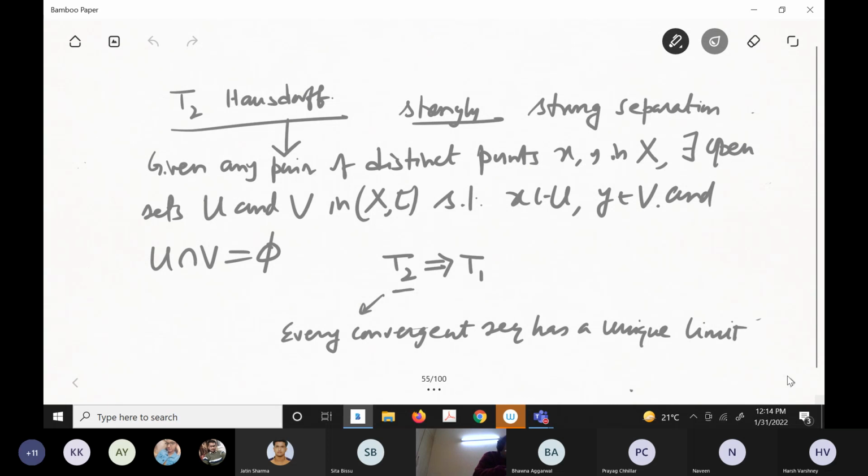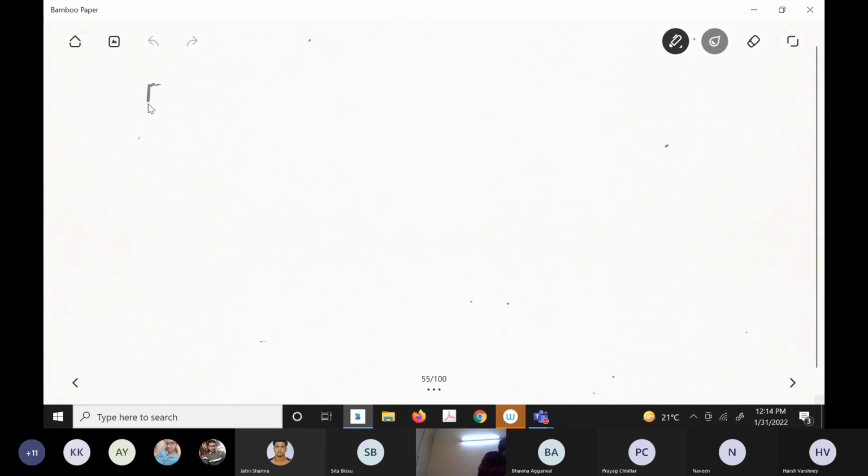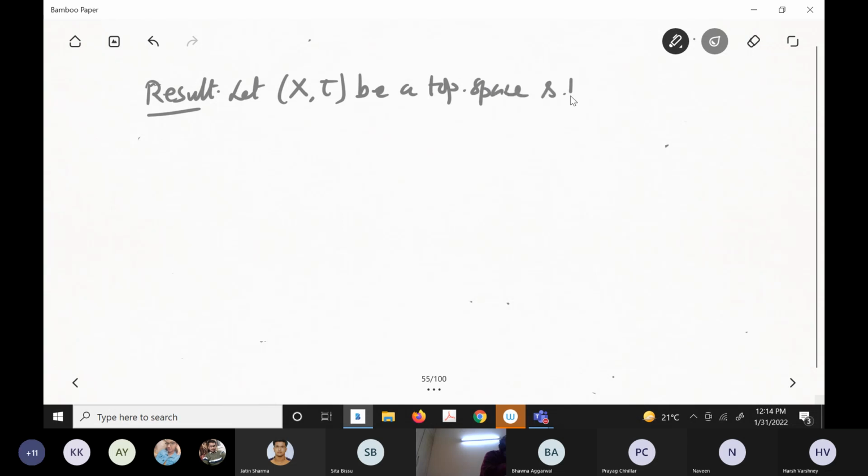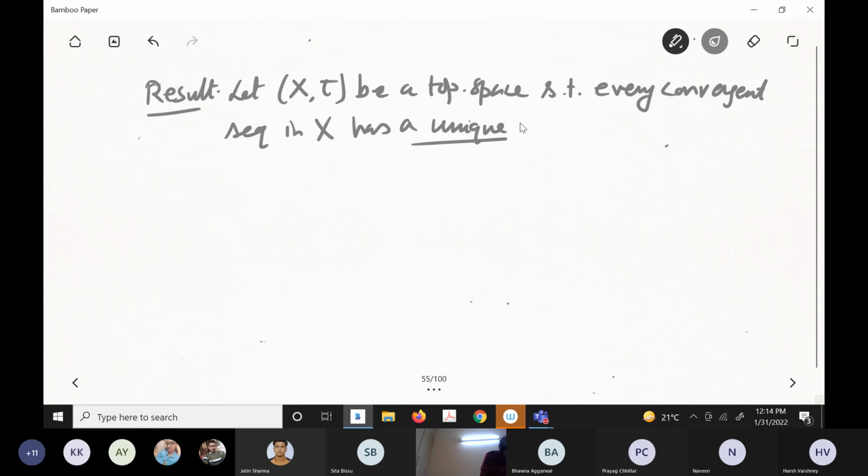For T1 you will have to prove this as an exercise. Suppose X, tau is a topological space such that every convergent sequence in X has a unique limit.